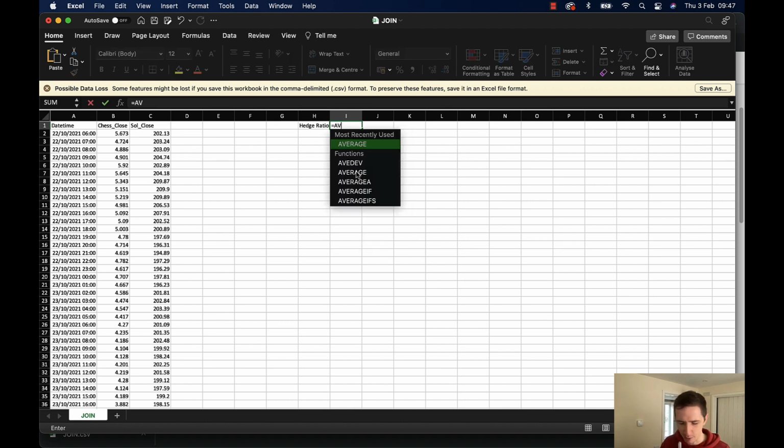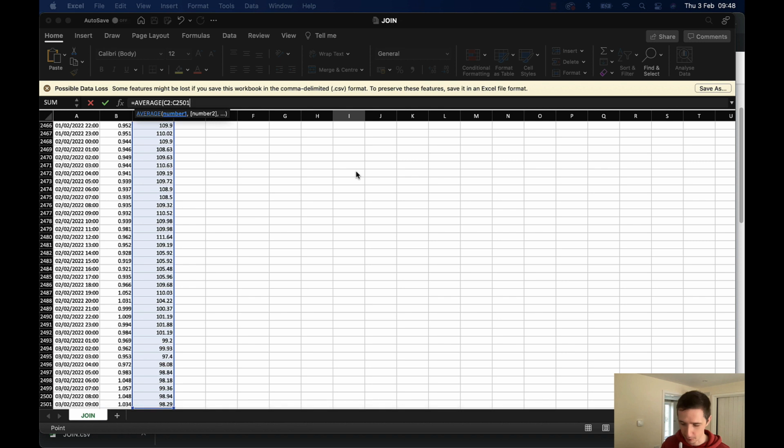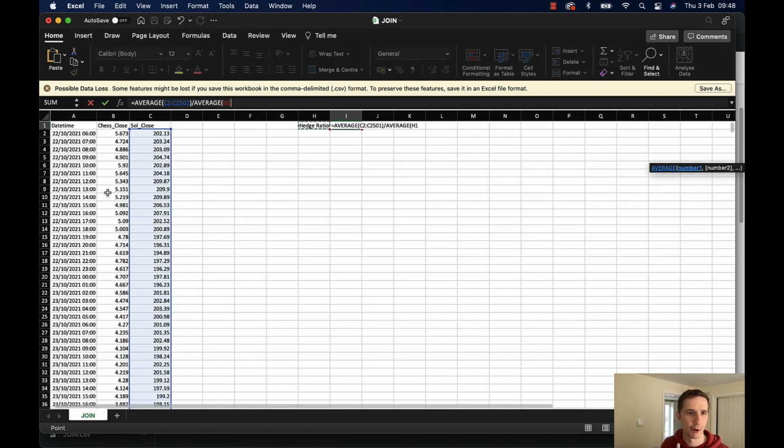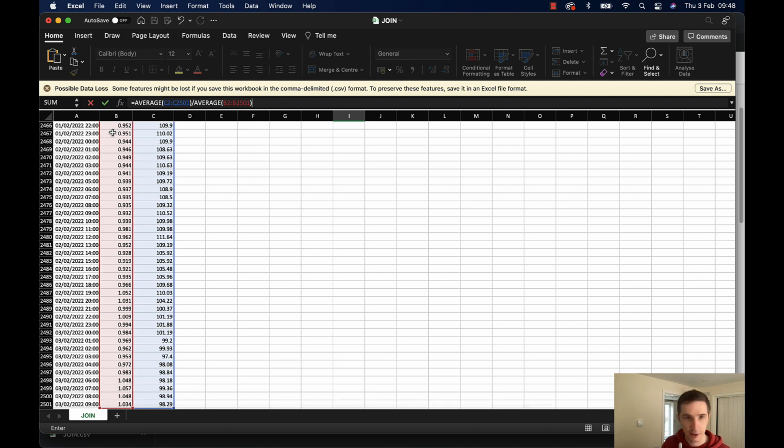What I'm going to do, very broadly, and I'm sure there are a lot of people who would be very upset by this, but I'm happy to take the criticism, by the way. Please do correct me for other people's sake. I'm going to take the average of the close here for Sol and divide it by the average of the Chess close price.